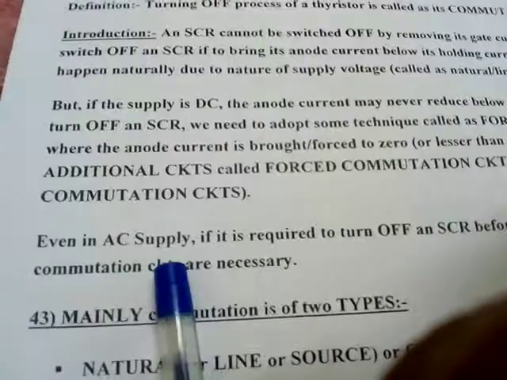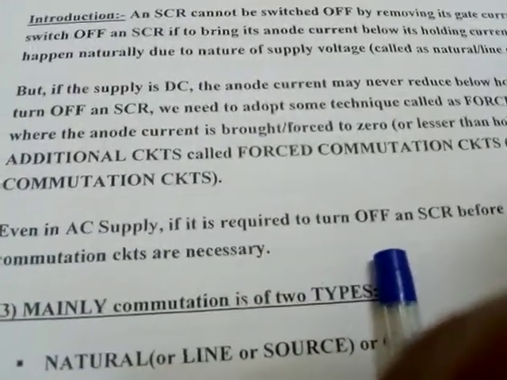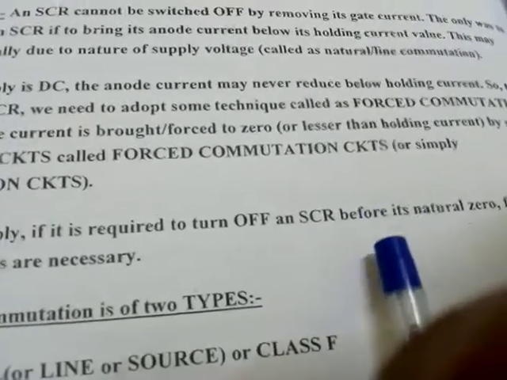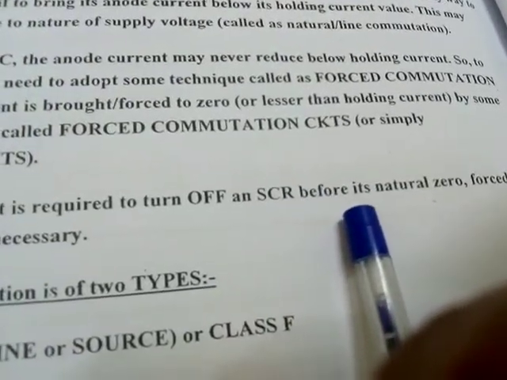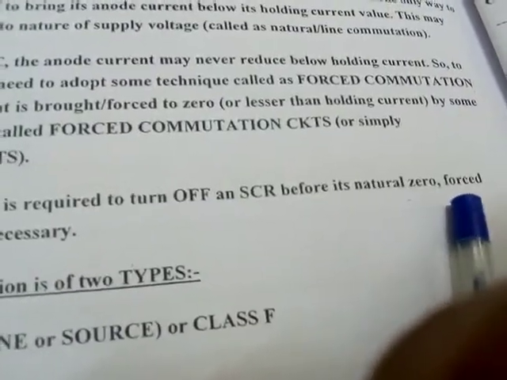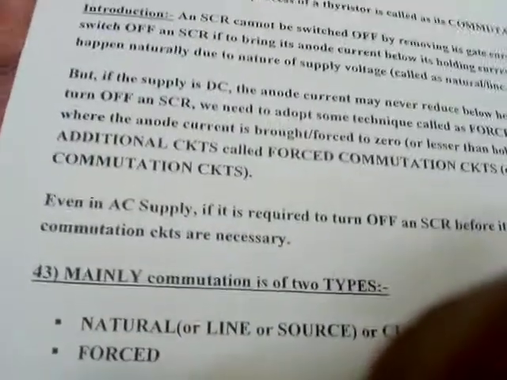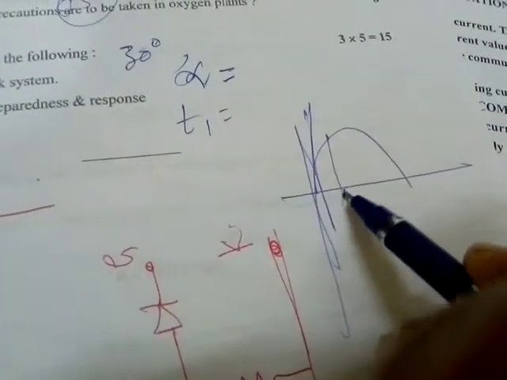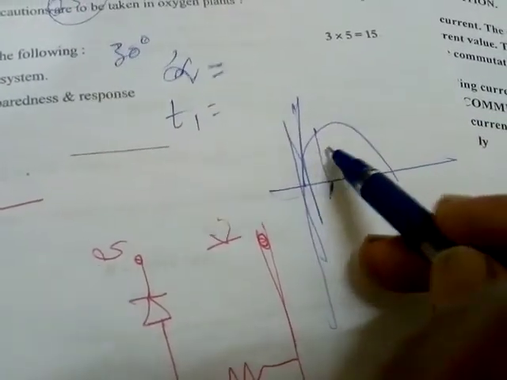And even in AC supply, sometimes we may have to do forced commutation if we want to turn off the SCR before its natural 0. Suppose you fire the SCR here, the SCR will be on from here till here.